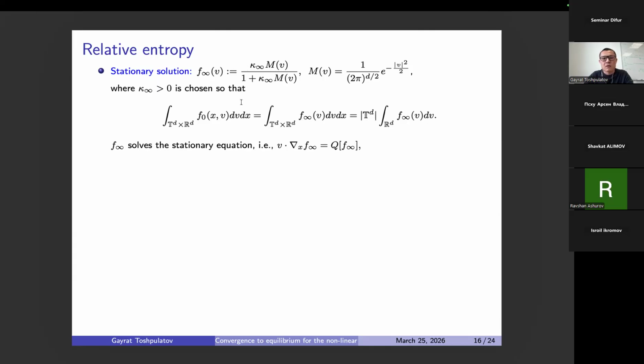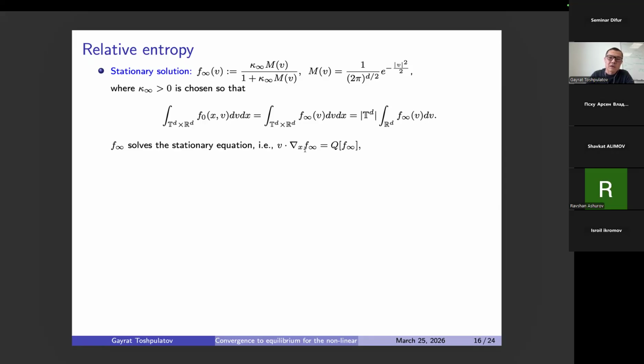And the problem is to prove that the limit, when t tends to infinity, the solution tends to f infinity. I call it a stationary solution, but it's also called an equilibrium for this equation. It solves this stationary equation. So it's something like a stabilization problem.